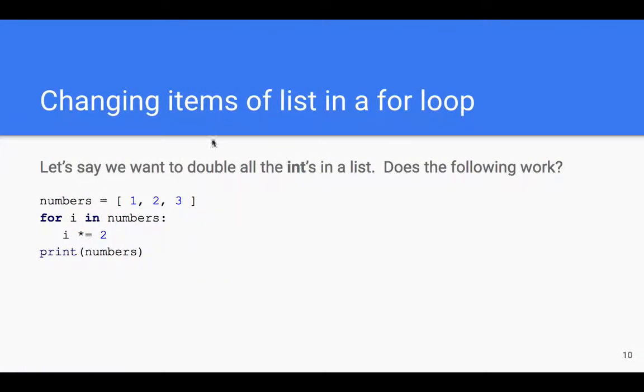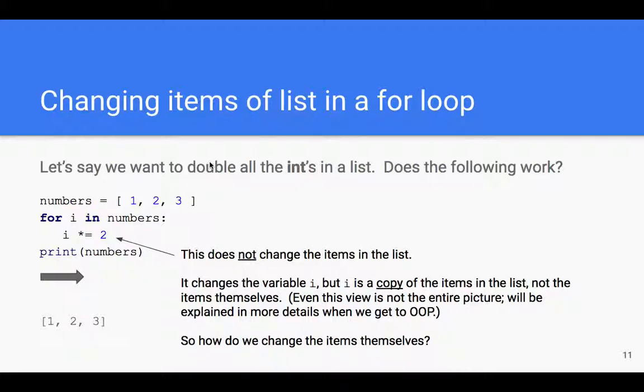This might come as a surprise to some of you. What's happening here is that I, the variable, gets assigned the value of the items in the list, but I is a copy of those items. I is not the items themselves.